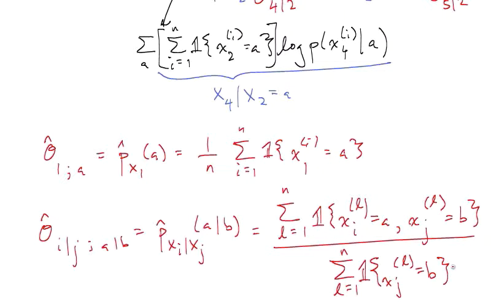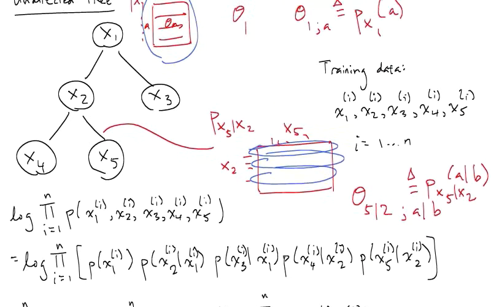So these are the ML estimates for all the parameters in these tables.